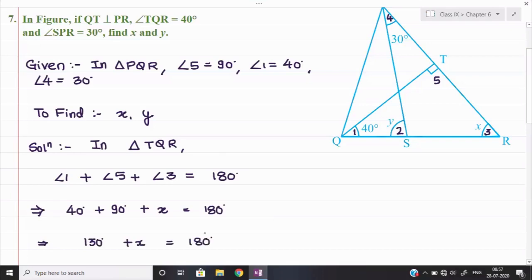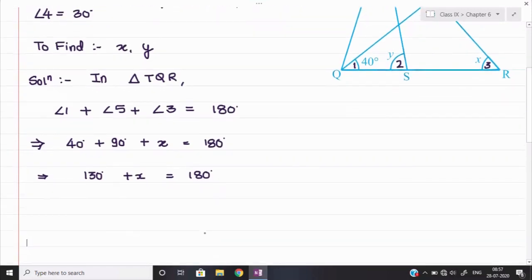Now 130 will go to the other side and be subtracted from 180. So the value of x will be equal to 180 minus 130. If you subtract 130 from 180, the value of x is 50 degrees. So this is your first answer.